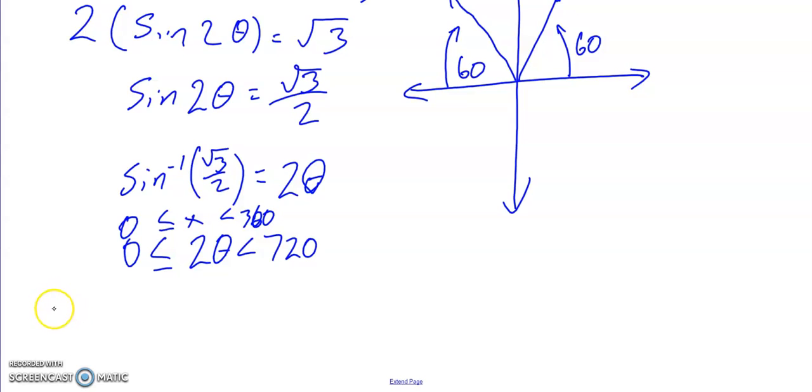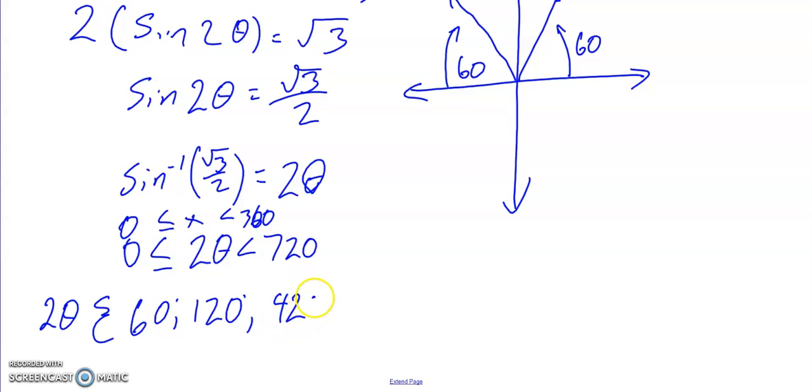So 2 theta is going to happen at 60 degrees, 120 degrees. That's in one rotation. Now do a second rotation. So that's going to be 60 plus 360, that's 420 because it's into my second rotation. And then 120 plus 360 is 480.